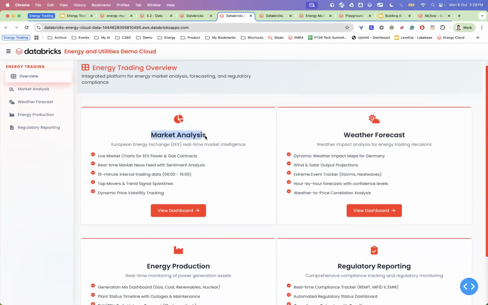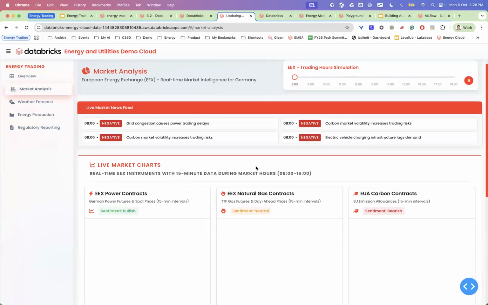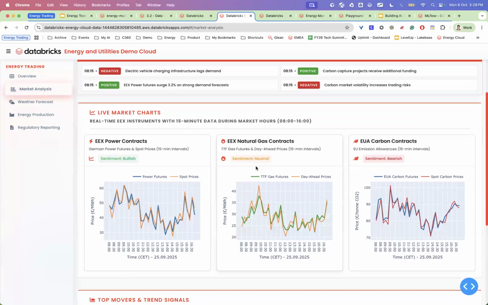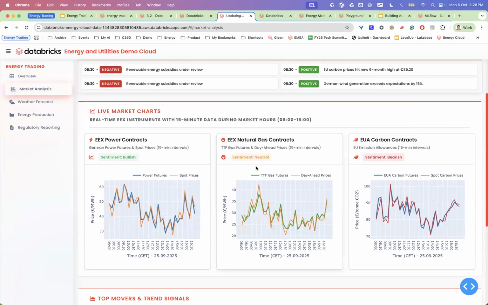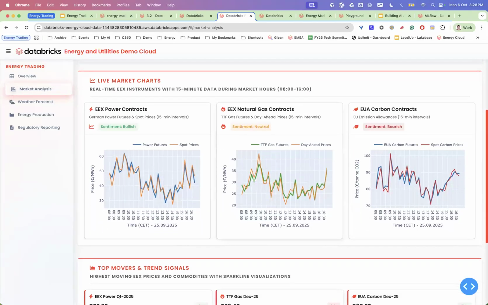Let's focus on market analysis. With low latency ingestion, you can have these market insights on Databricks. For example, we can see here we have a live market feed, which is getting the data from external sources. And you can see the sentiment, neutral or negative, and how it is actually impacting the energy prices.